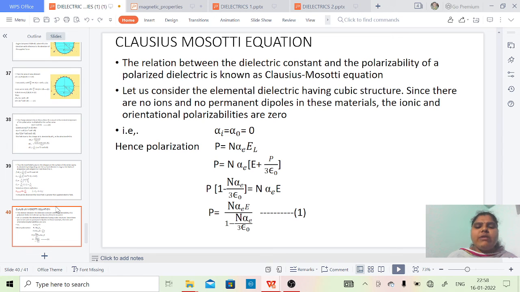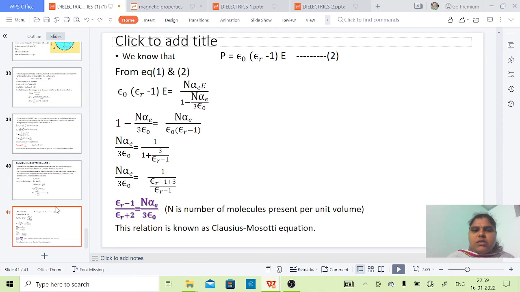Except electronic, these two become 0. Hence the polarization equation uses the local field E_L. We substitute that here, and P into 1 minus n alpha by 3 epsilon naught equals n alpha E on this side. Now the polarization P will be this term.